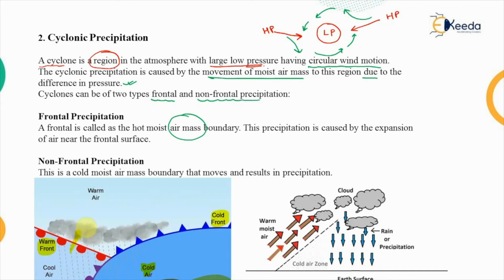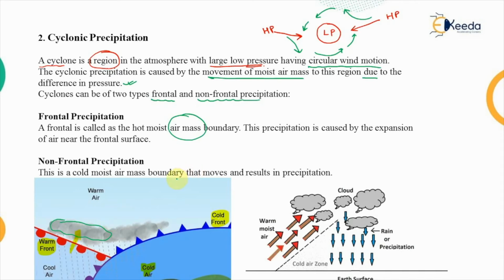Now the clouds which will be present over the warm front will get lifted up and reach a certain height. And the ultimate purpose of this type of precipitation or obstruction is to create sufficient altitude for the clouds or the moisture present within the clouds.